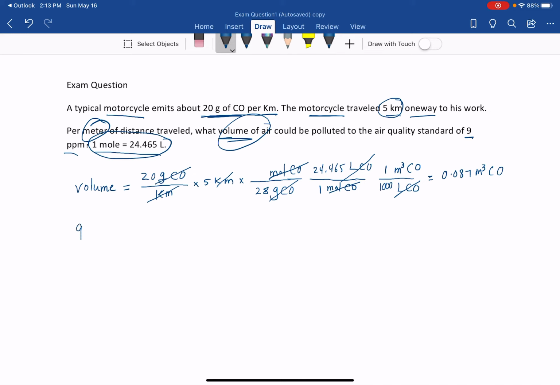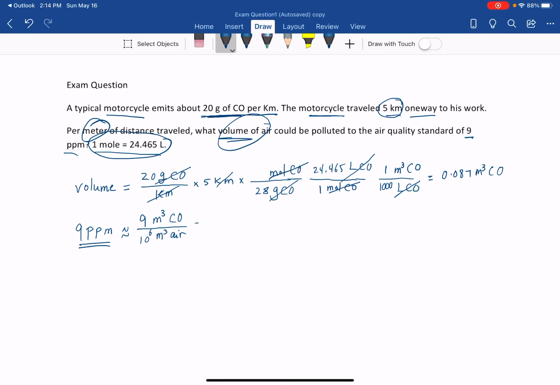Of course, 9 ppm, the standard, is equivalent to, since everything is in meter cube, we're going to make it 9 meter cubic carbon monoxide by 1 million meter cubic contained inside air. This is the derivation of 9 ppm.